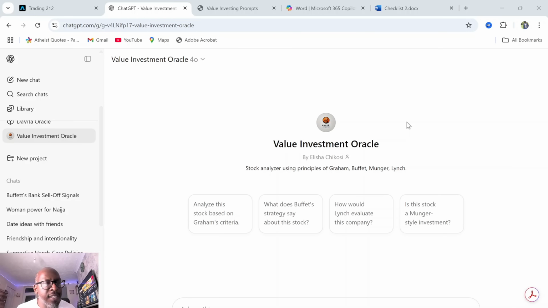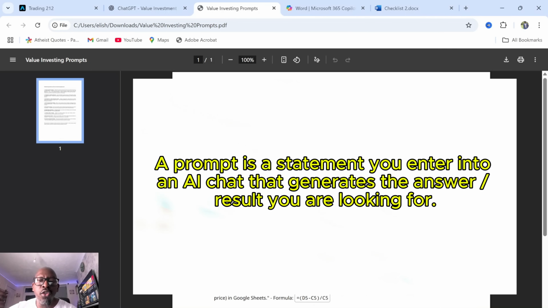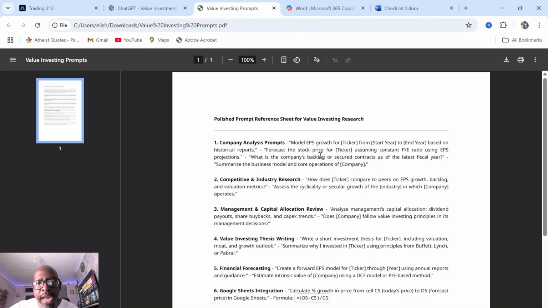And you have to prompt it in such a way that it tells you the facts and not what you want to hear, because that can lead to confirmation bias, which will lead to losses in the stock market. This is what I use, and I just want to share with you some prompts that I use to actually do my analysis.